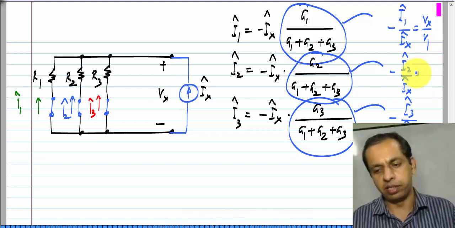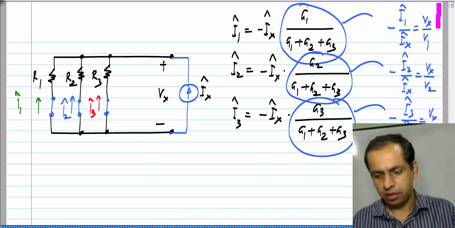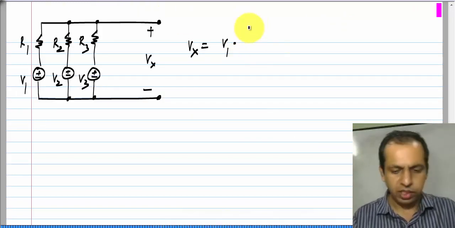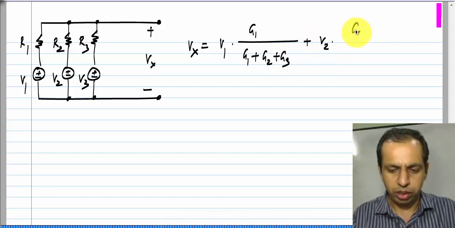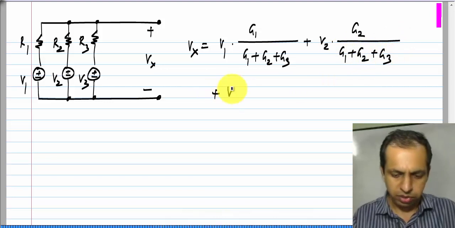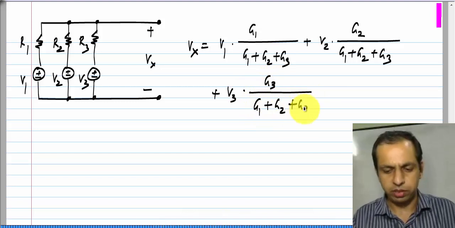Similarly, minus I 2 hat by I x hat is when V 2 is acting alone, and finally, minus I 3 hat by I x hat is when V 3 is acting alone. Okay. So, V x would be in this case V 1 times G 1 by G 1 plus G 2 plus G 3, plus V 2 times G 2 by G 1 plus G 2 plus G 3, plus V 3 times G 3 by G 1 plus G 2 plus G 3.